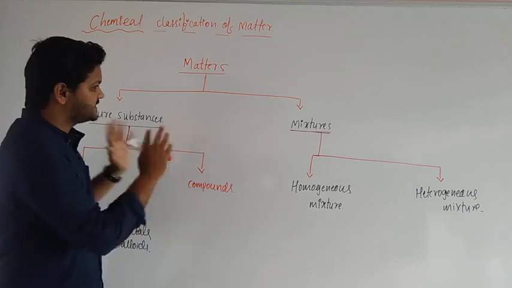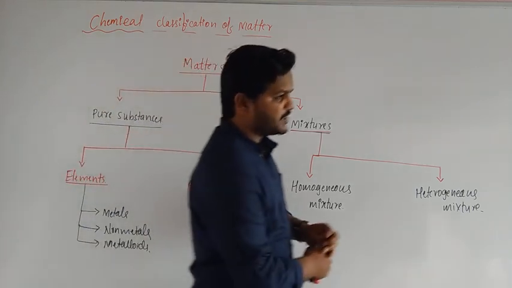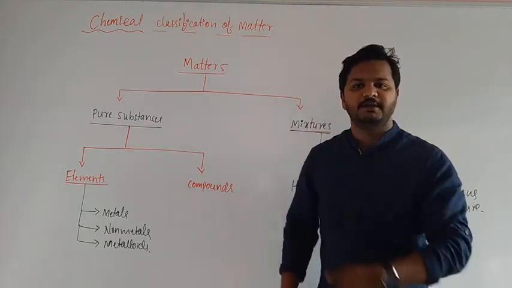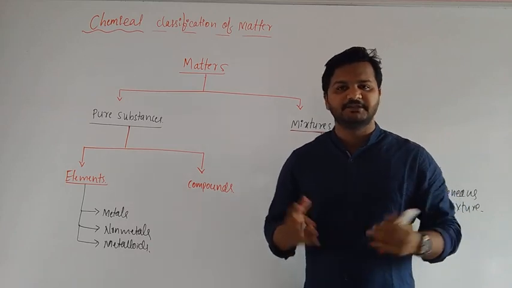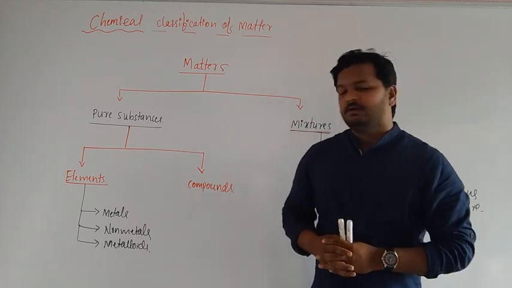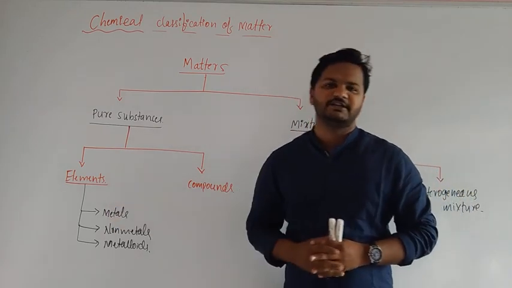Okay, let us discuss one by one with a small explanation. Okay students, first one, before starting this, please tell me what is meant by atoms. Atom. So atom means the substance which cannot be divided further.